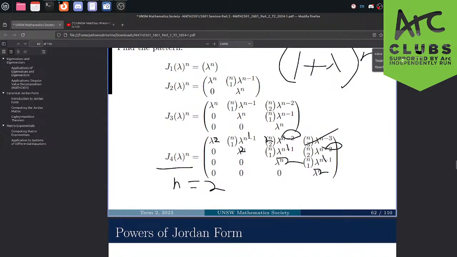So this whole thing is just going to be 1, 1. So this here was lambda squared. This is n lambda. This top rightmost element is going to be 0. So just to show that if n equals 2, this is going to be 0, because this is past 2.